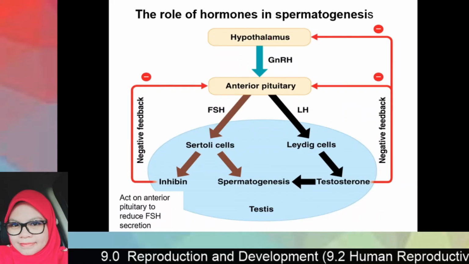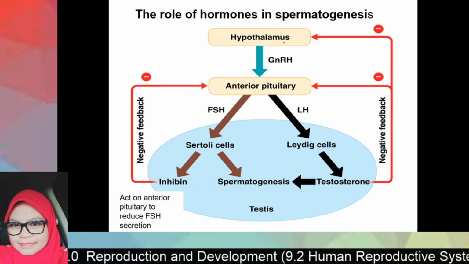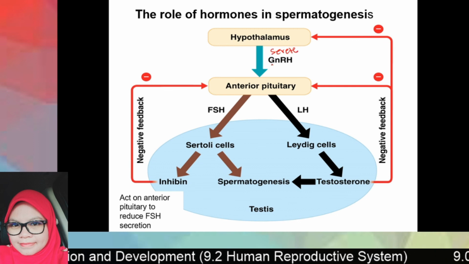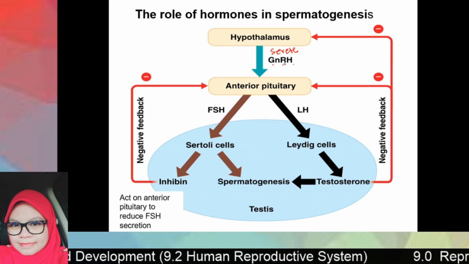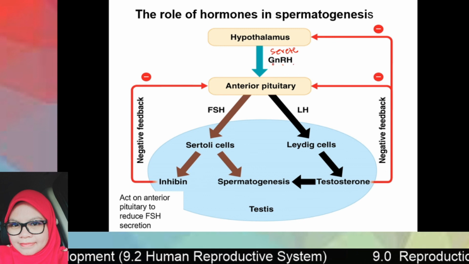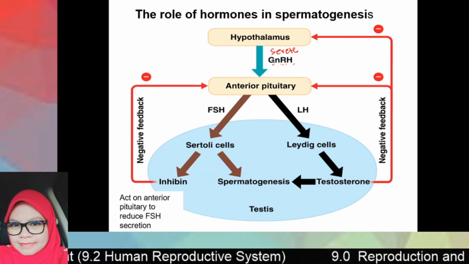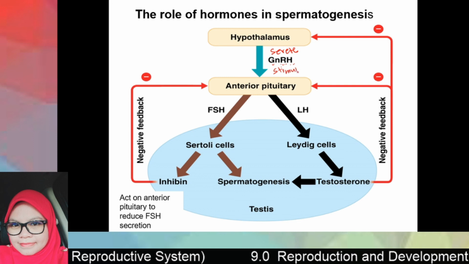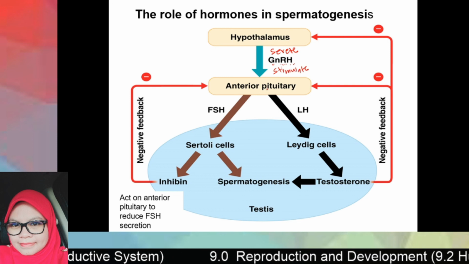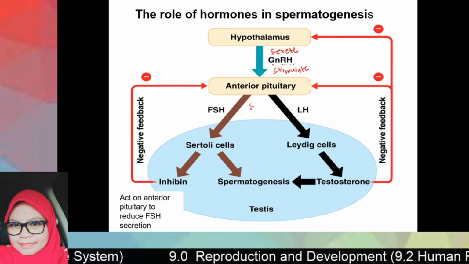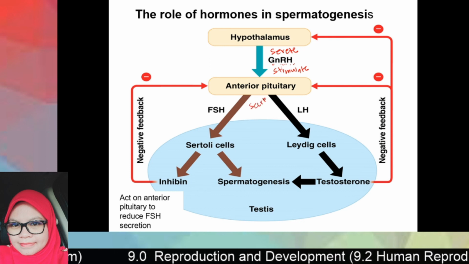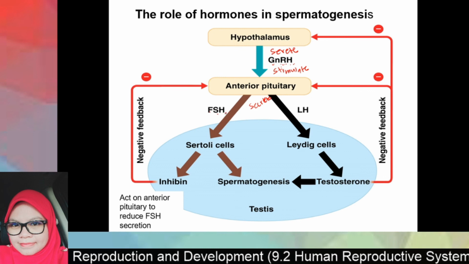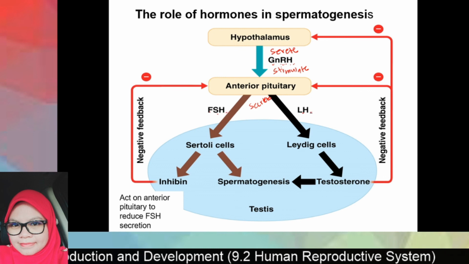The role of hormone in spermatogenesis. Hypothalamus in the brain will secrete gonadotropin releasing hormone, or called GnRH. GnRH then will stimulate the anterior pituitary gland to secrete follicle stimulating hormone and luteinizing hormone.